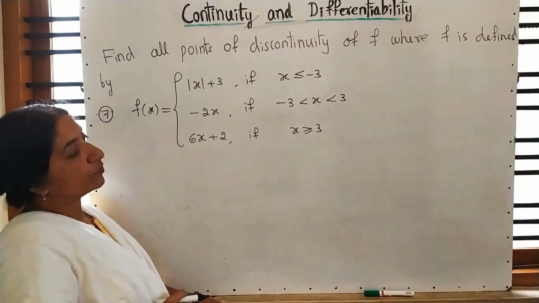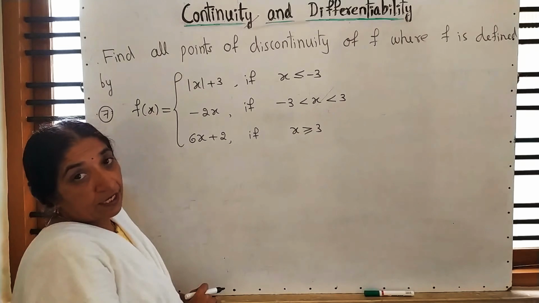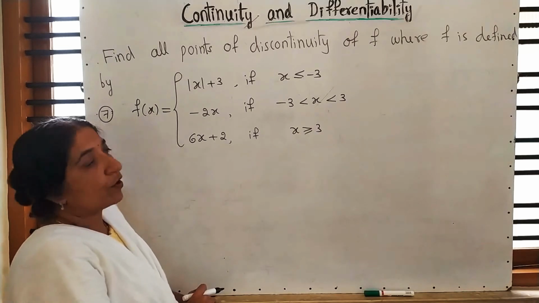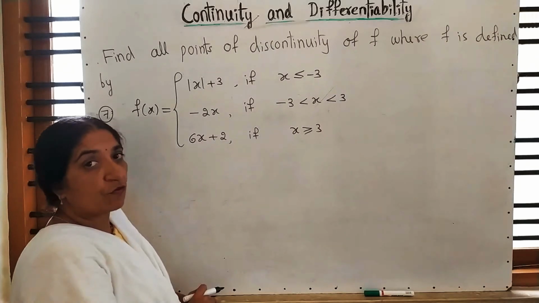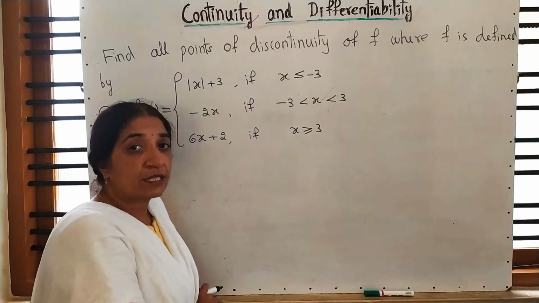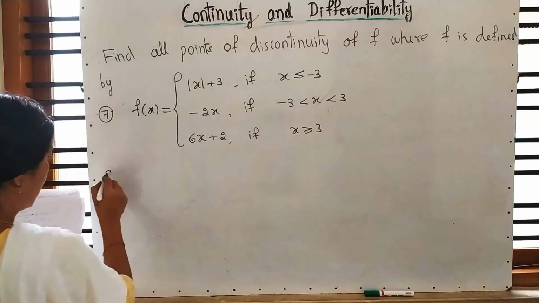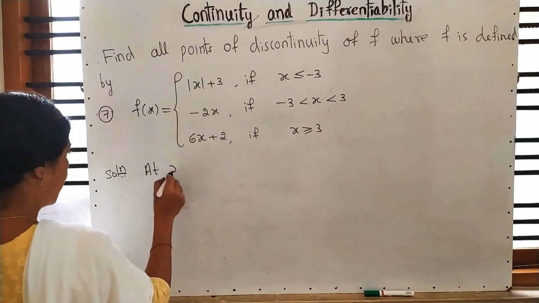See, when you observe the problem thoroughly, the inequalities are defined for 2 points. One point is minus 3 and one point is 3. That means we have to check for both the points, that is at x is equal to minus 3 and x is equal to 3. In the solution, first I will go for x is equal to minus 3.